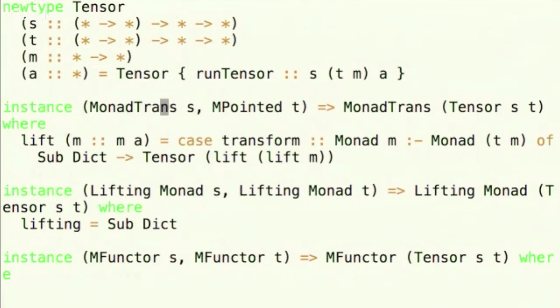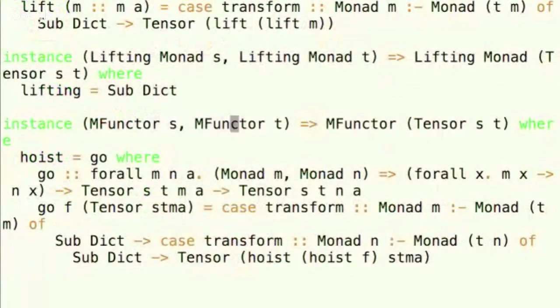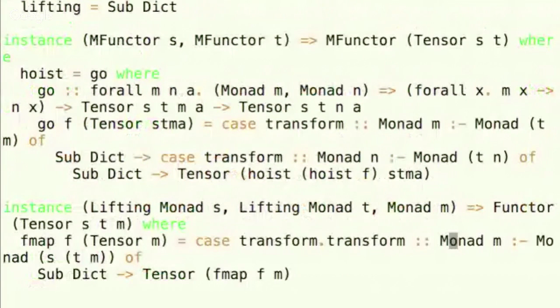You need real pointed on one of them. In general, lifting monad on both of them implies the whole thing lifts. We just ask GHC to do all the work. If both of these things are functors on the category of monads, the result is a functor on the category of monads because we can hoist. And yeah, that's fun.